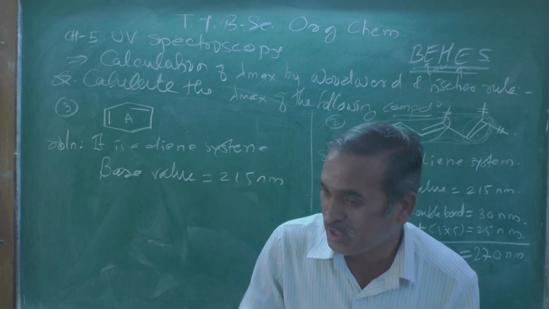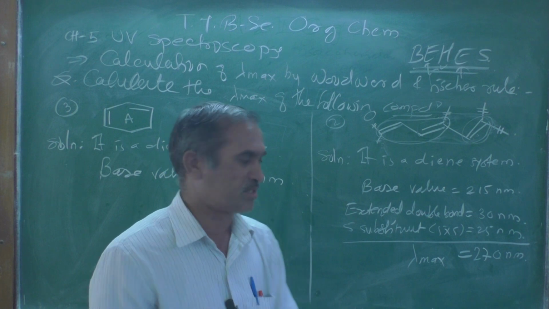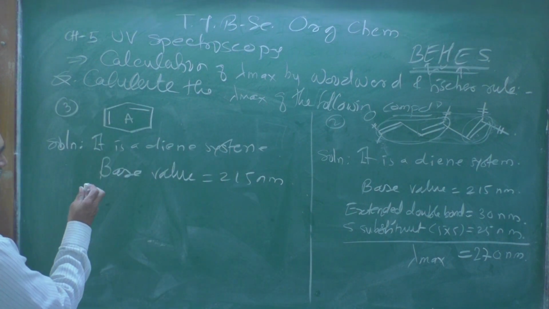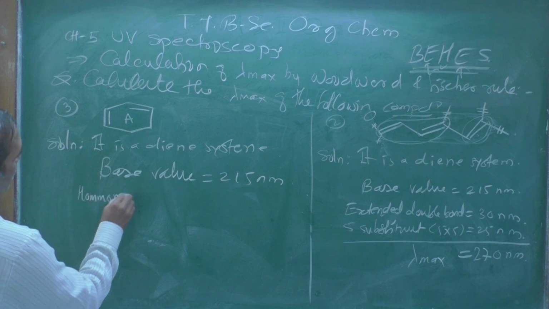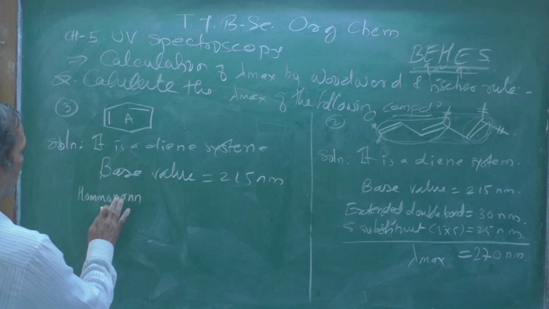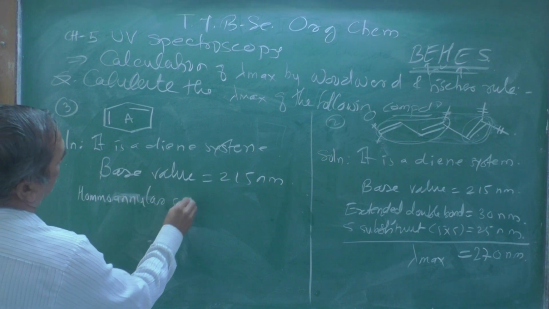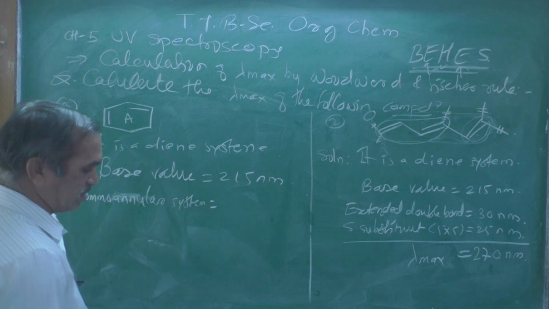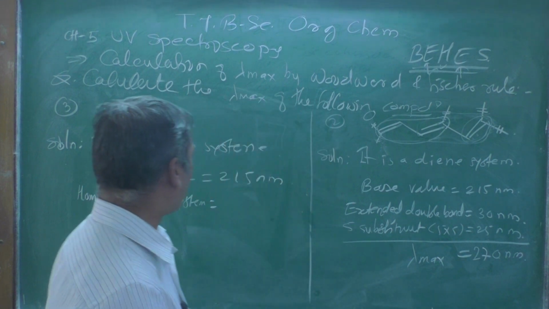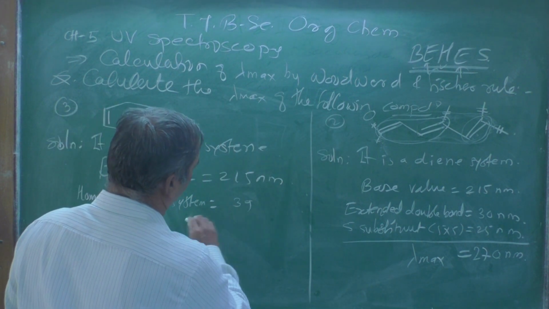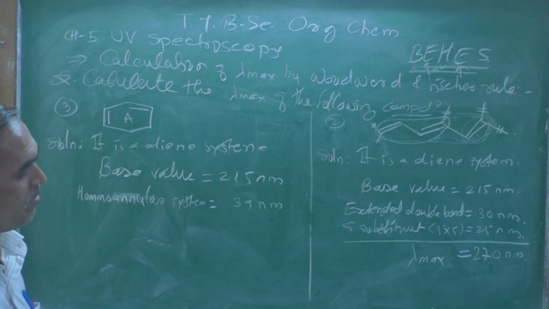It is in conjugation, and therefore it is a homoannular system, and you can write it as homoannular system, right? And if a homoannular system is there, how much to add? You should add 39 nanometer, isn't it? 39 nanometer, right?